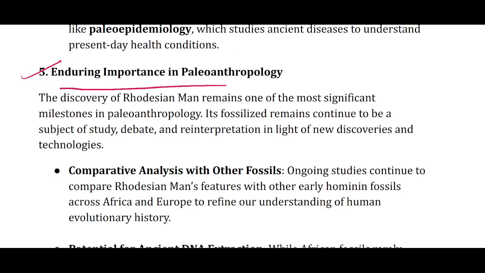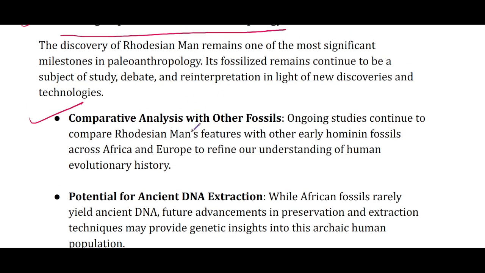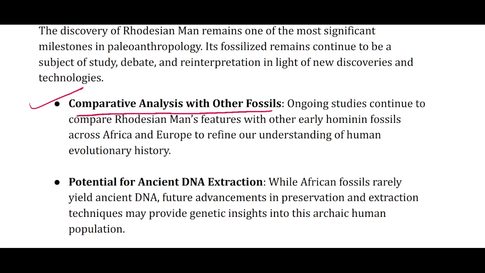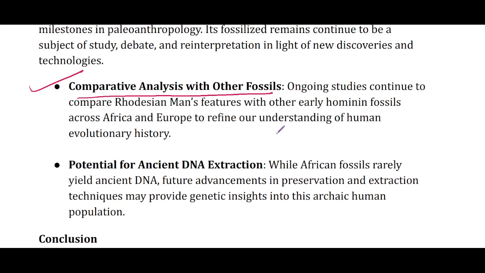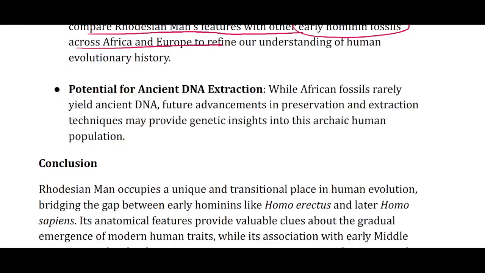Now, the enduring importance in paleoanthropology. Here, this fossil helps in comparative analysis with other fossils. Ongoing studies continue to compare Rhodesian man's features with other early hominin fossils across Africa and Europe.